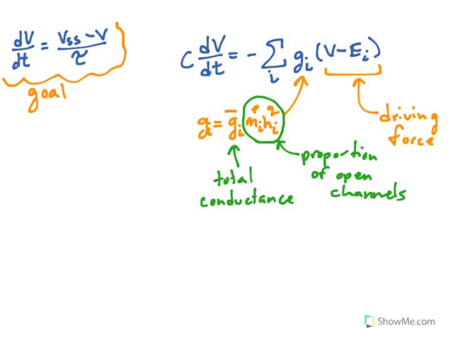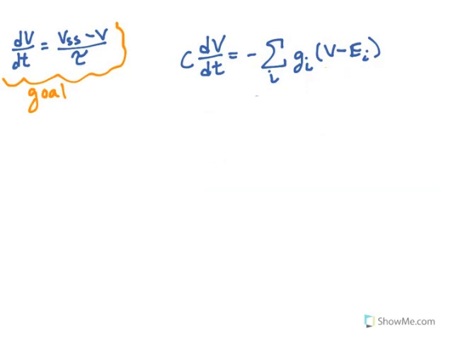Now you can see that we're sort of inching closer, right? Because now we have the voltage in this term, so what we want is VSS minus V. So we have minus V, but we have this other unwanted factor here, which is the total membrane conductance. So what I'm going to do is divide both sides by the total membrane conductance. Then we'll have C over the total conductance times dV/dt. And here we'll have the sum of Gi Ei over the sum of Gi, minus V. And now we are essentially done.